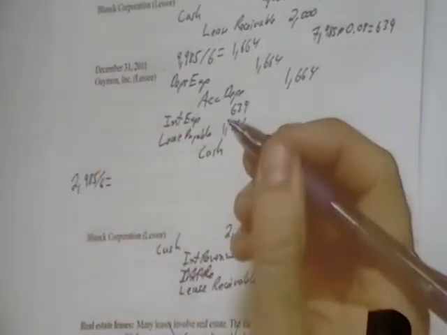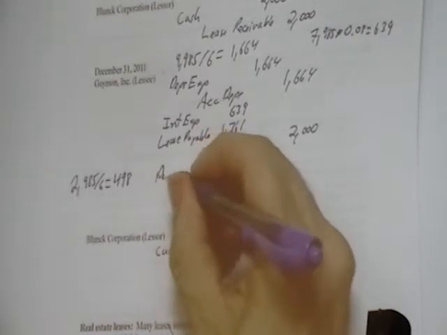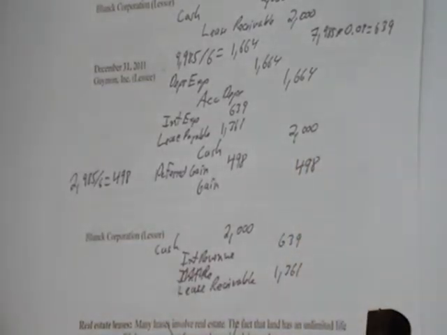That is going to give us $498 each period. So we're going to debit the deferred gain to get rid of that liability, $498, and we're going to credit a gain of $498. So at the end of each year, they would have a gain of $498 from this sale.